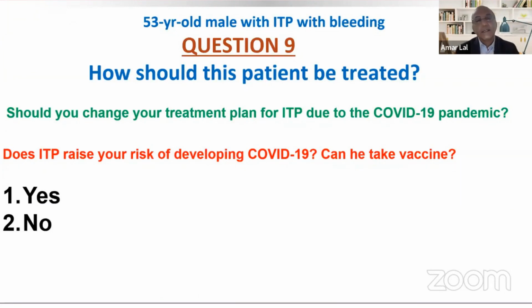Now, the year 2020 came, when we were facing a viral infection. He came to me at the end of 2020 asking, should I take a vaccine or not? I said, yes, you should take the vaccine. There is no problem. If any problem happens, we are with you.